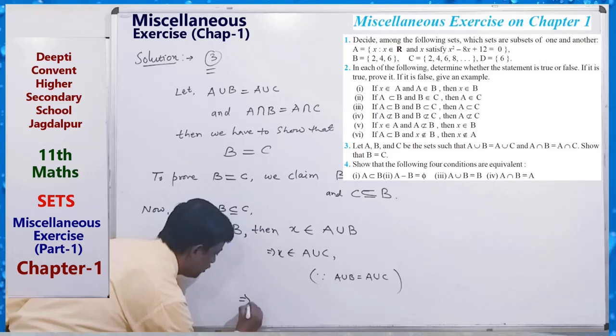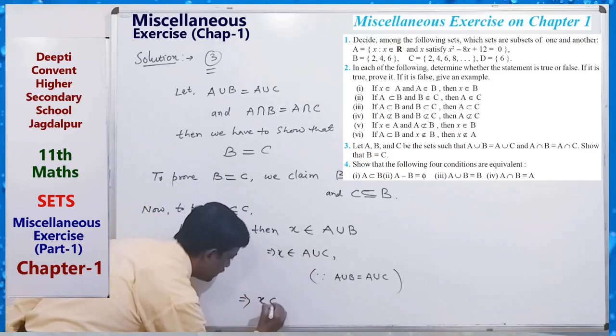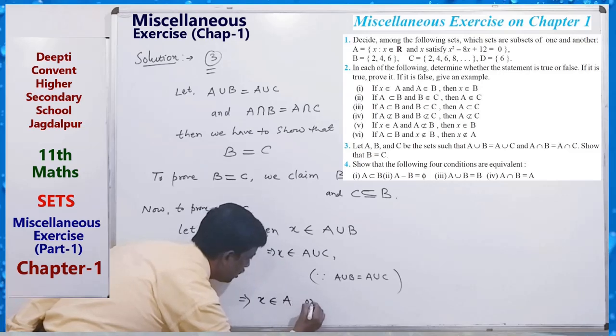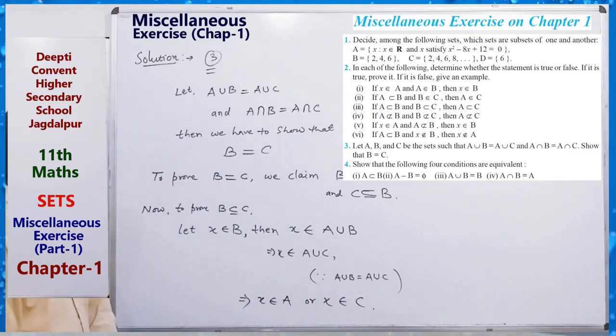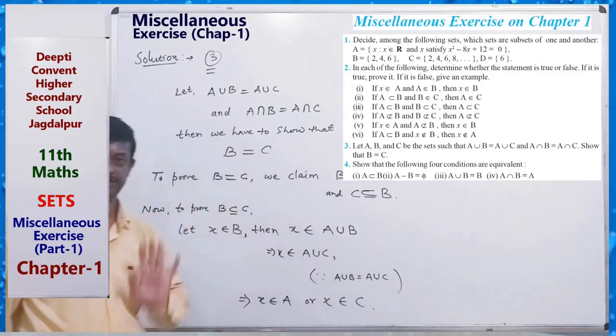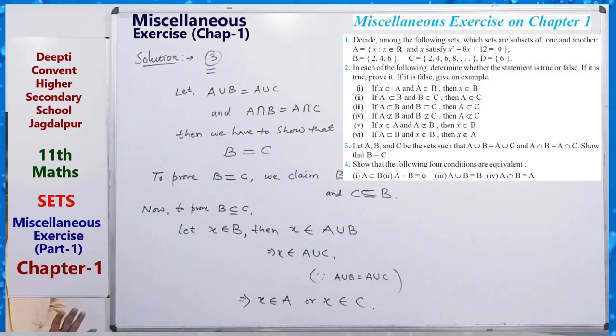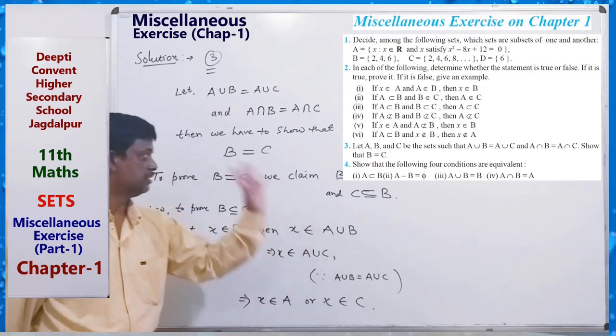Now, further we can write X belongs to A union C means X belongs to A or X belongs to C. Clear?